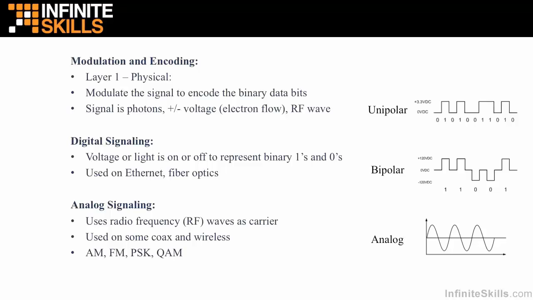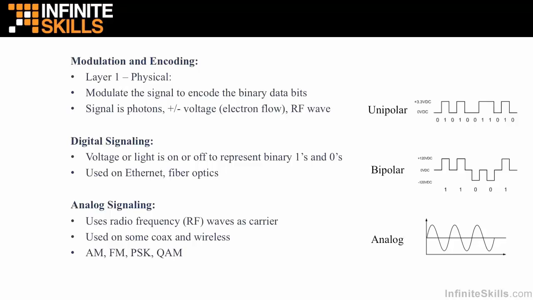Now, our Ethernet media also uses this digital unipolar signaling as well. And instead of photons, it uses voltage, which pushes electrons. So electron flow and voltage are the mechanisms that convey the data signal inside the media that is Ethernet.